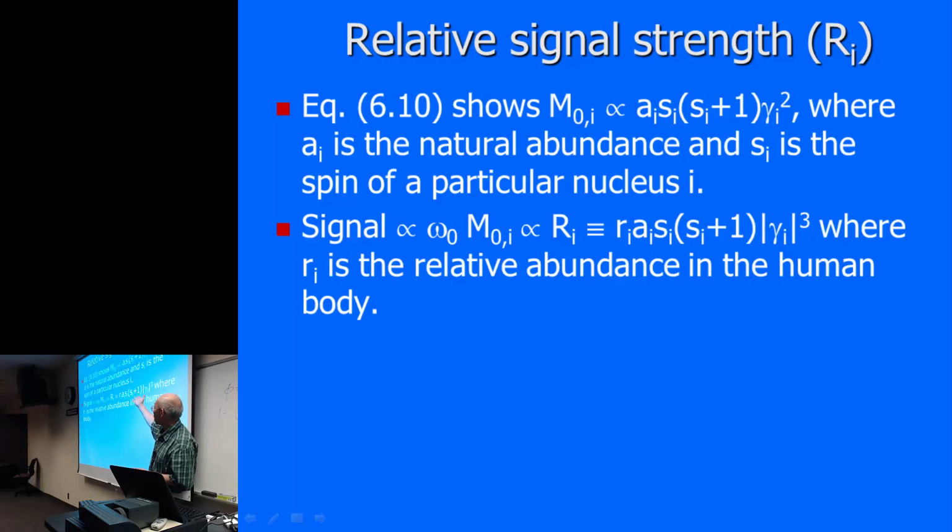Obviously this magnetization has to be proportional to the natural abundance, right? And then S are just the spins of a particular nuclei. So the magnetization is proportional to the square of the gyromagnetic ratio. All of a sudden my signal is proportional to omega naught times this magnetization, and so it is proportional to the cube of the gyromagnetic ratio.